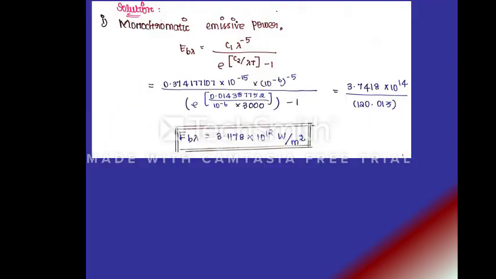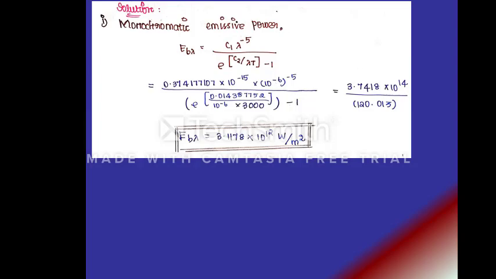So monochromatic emissive power is calculated as per Planck's law. We know already, E_B lambda is equal to C1 into lambda power minus 5 divided by e power C2 by lambda T minus 1. C1 and C2 are constants whose values we can read from heat transfer data book. So substitute the value of C1. Lambda is given as 1 micron, that is 1 into 10 power minus 6 meters.